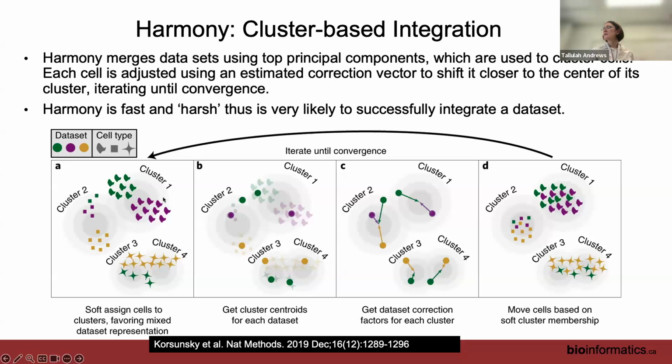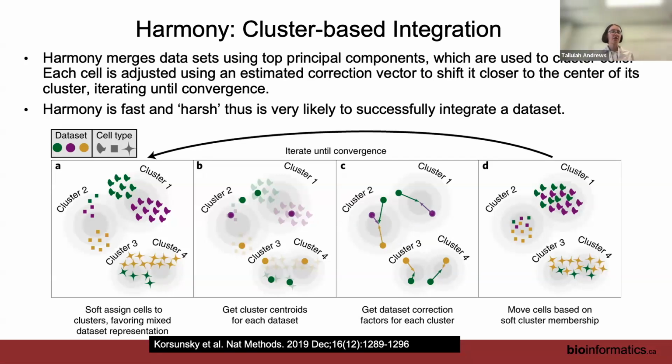It finds the middle of those clusters in each of the data sets, and then it just moves those clusters together in the lower dimensional space. It keeps doing that over and over again until it stops moving things around, and you get nice homogeneous clusters that have cells from all of your data sets mixed together.